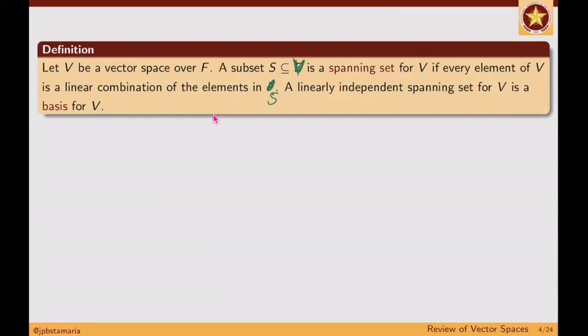A subset S of V is a spanning set for V if every element of V is just a linear combination of those that are in S.